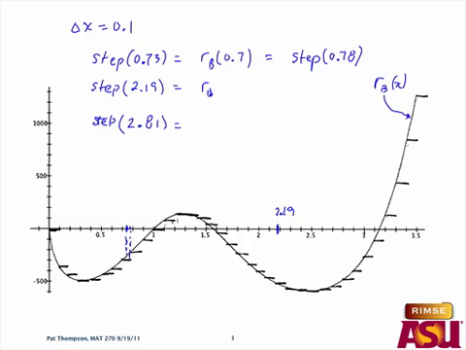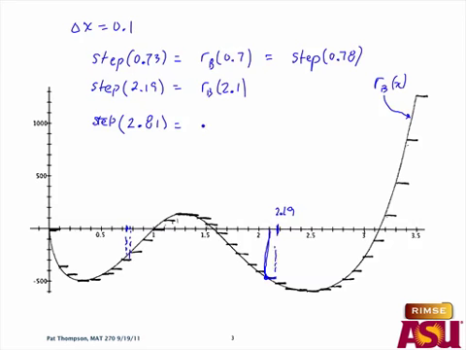R(2.1). R(2.1) is not drawn very well. It's over here. So R(2.1) right there, the whole interval is going to have that same rate of change, so 2.19 will fall under that interval.